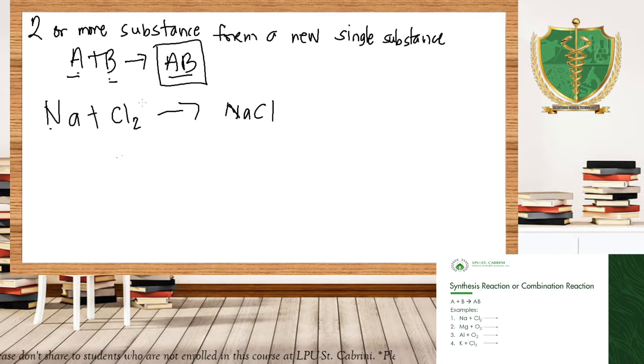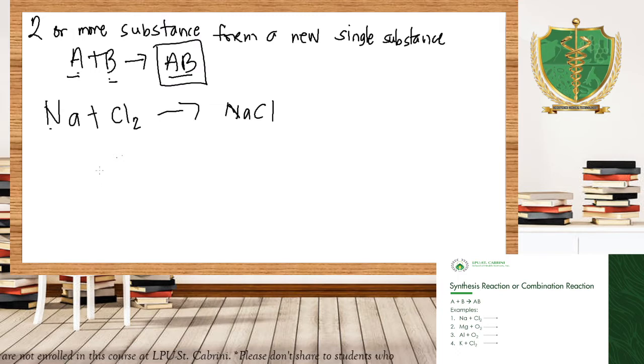So how are we going to balance chemical reactions? The traditional way of balancing chemical reactions is listing the elements present in the reactant and the elements present in the product. Generally, they will have the same elements present in the reactant and in the product.